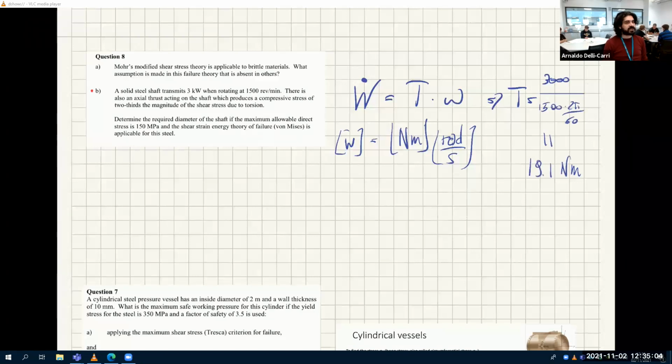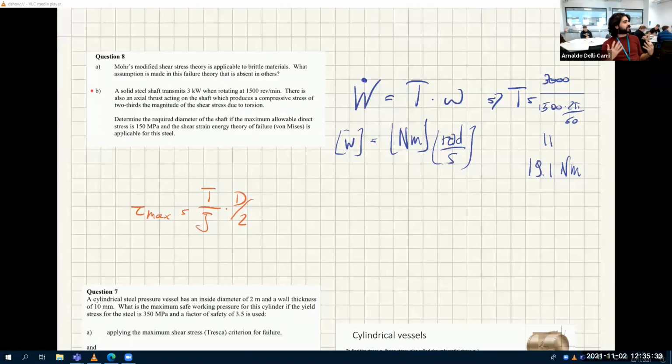Okay, now that we know this, we can also find the shear stress. How much is the shear stress? Tau max is T divided by J times the diameter of the shaft divided by 2. Agreed? Times the largest possible radius, which is at the circumference.